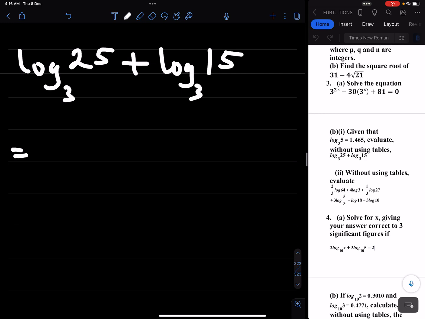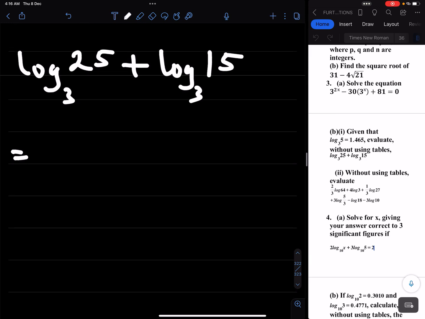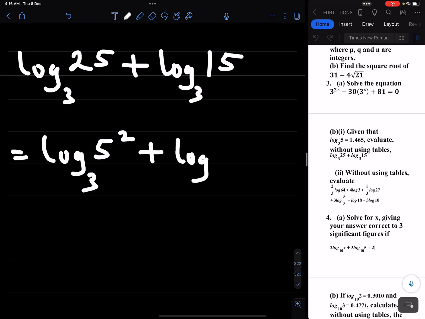Let's see. Okay, what's the easiest way to do that? I can write this as log 5 raised to the power 2 base 3 plus log 5 times 3 base 3.